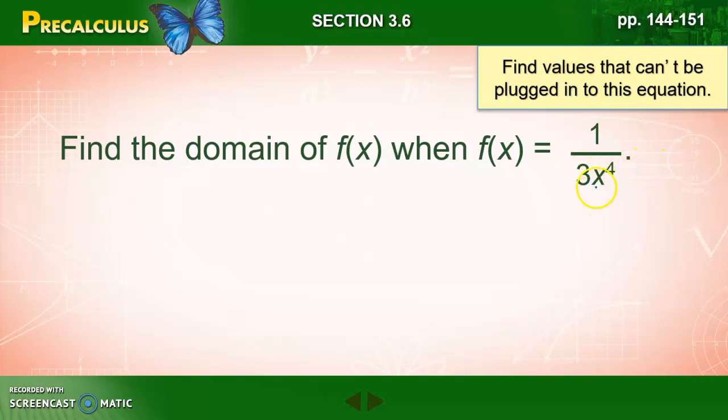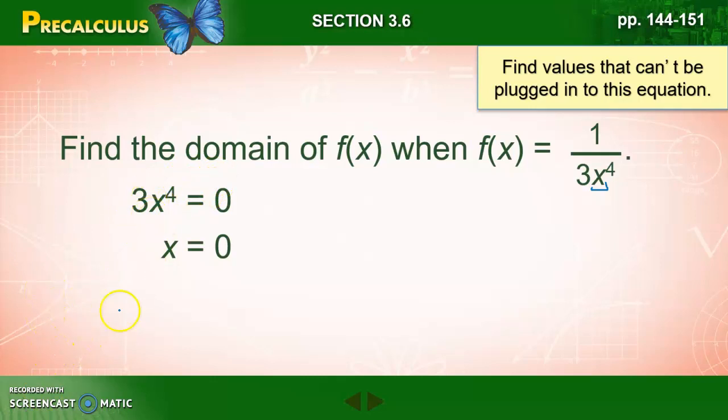Let's find the domain of f of x when f of x equals 1 over 3x to the 4th. So we want to see if there are any values that would make our denominator undefined or 0. Any of those would be omitted from the domain. All other values would be acceptable values for our domain. So we're going to take 3x to the 4th and set that equal to 0 and see if we get any values of x that will give us an undefined denominator. Dividing both sides by 3, we get x to the 4th equals 0.